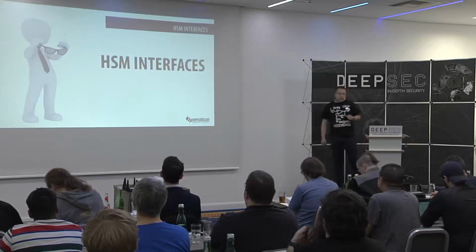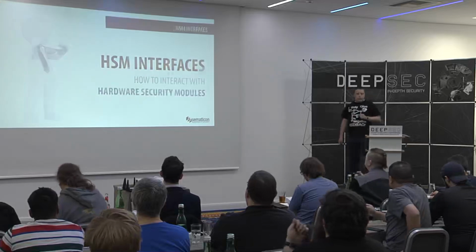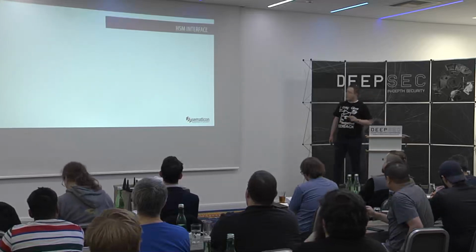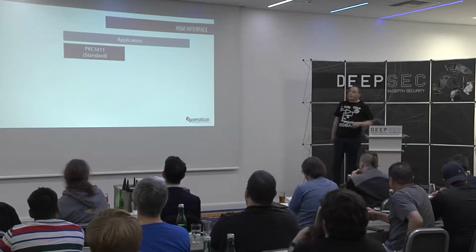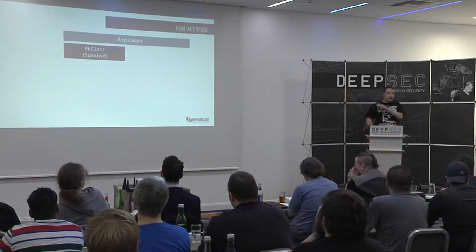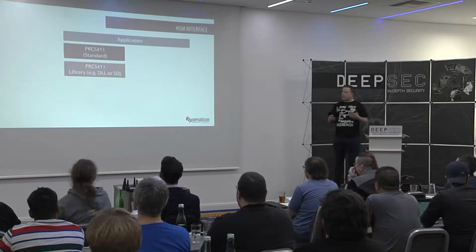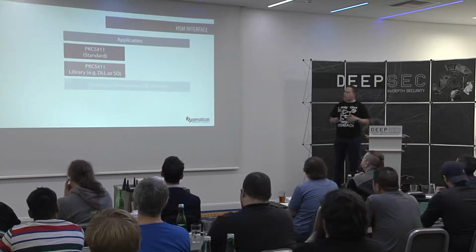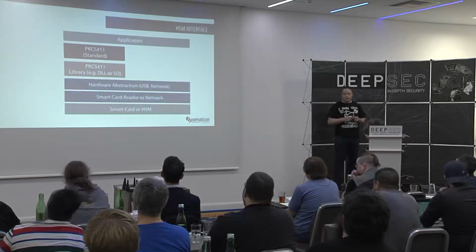So how do we interface with these boxes? There is a standard when we have our application on the top. We have PKCS 11 usually. I'm not sure if you heard about that. If you do a bit of crypto, you have probably heard that. That's the standard. And underneath there is a library, DLL or SO for Linux or whatever. And then we have the hardware, the smart card reader, and then we have the box itself.